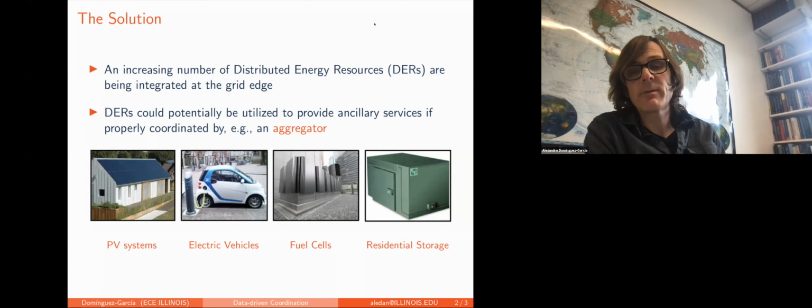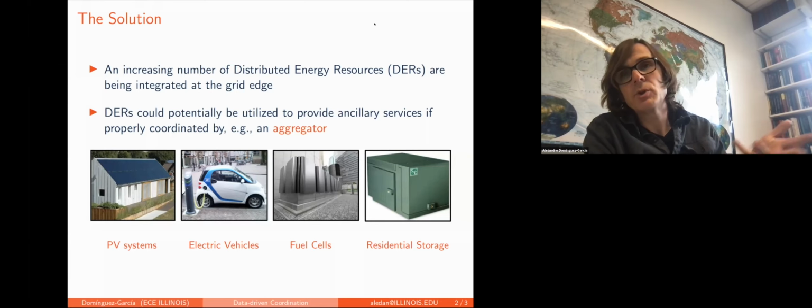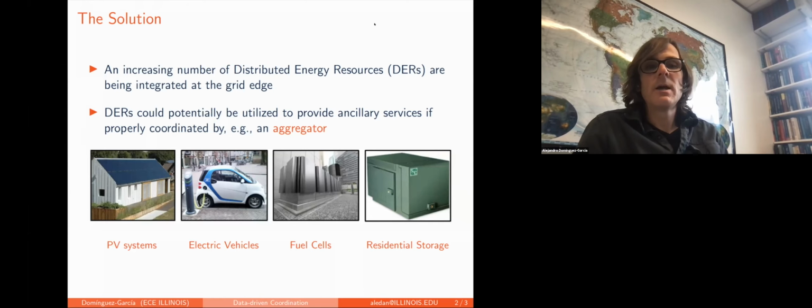And the idea is that because of the thermal inertia, the building behaves basically as an energy storage device, right? So you can think of it as a virtual battery itself. So that's another resource that you could account for.